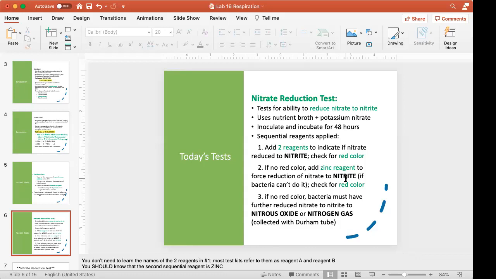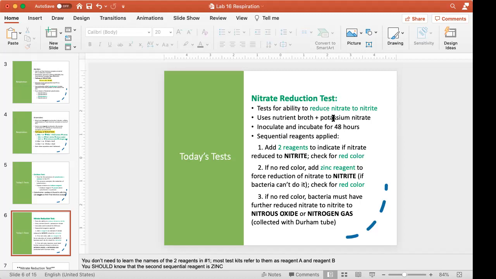In other words, if the bacteria that we grew in this tube was not able to reduce nitrate to nitrite, that would mean that the tube still had a lot of nitrate in it because the bacterium didn't reduce it.